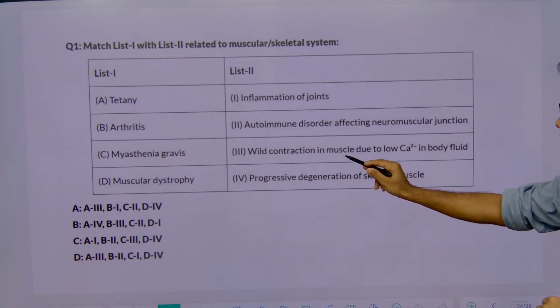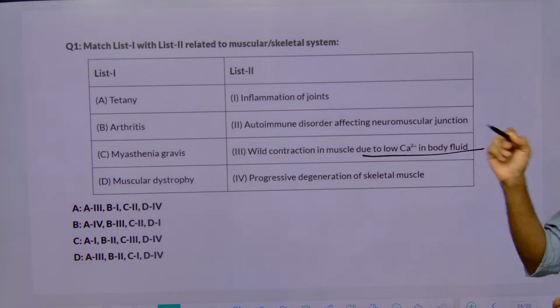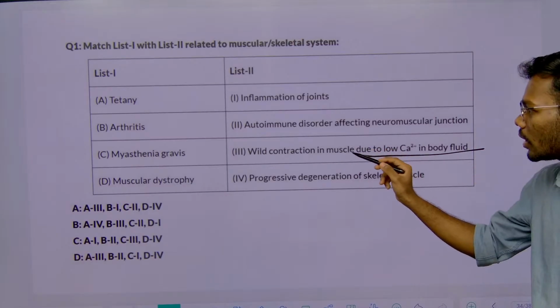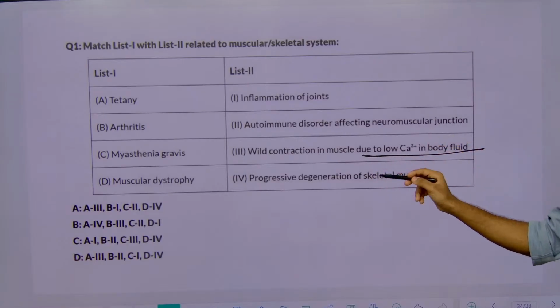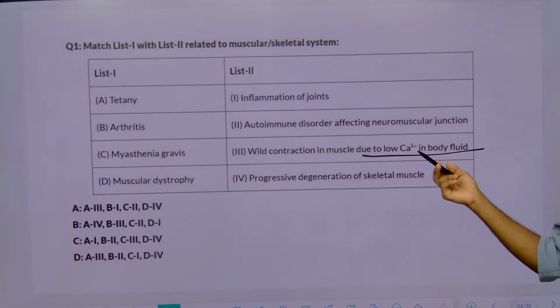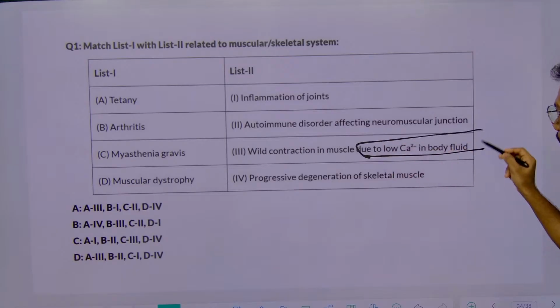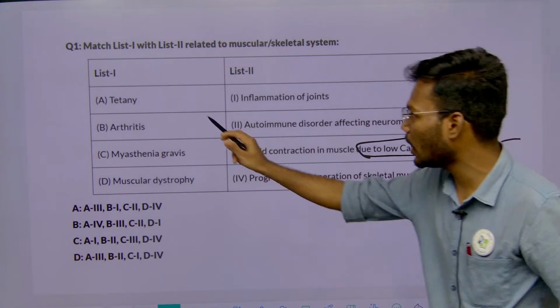So wild contraction of muscle due to low level of calcium. From this point they will make another question also, tetany. They will give some options: wild contraction of muscle due to low level, wild contraction due to high level, normal contraction due to low level, normal contraction due to high level. We can expect that question also. You need to remember, due to low level of calcium there will be wild contractions. So that is tetany. A is 3.